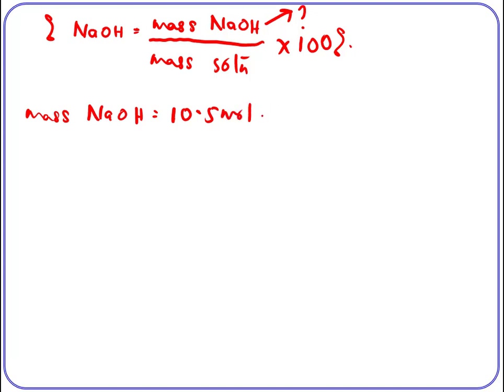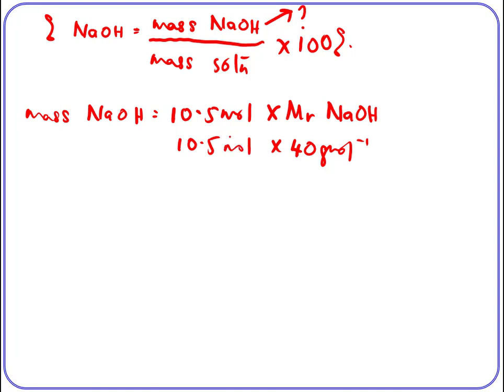How to find the mass of NaOH is 10.5 times with the molar mass of NaOH, which is times with 40 gram per mole. And the answer is, you cancel off mole and mole negative 1. Answer mass of NaOH is 420 gram.